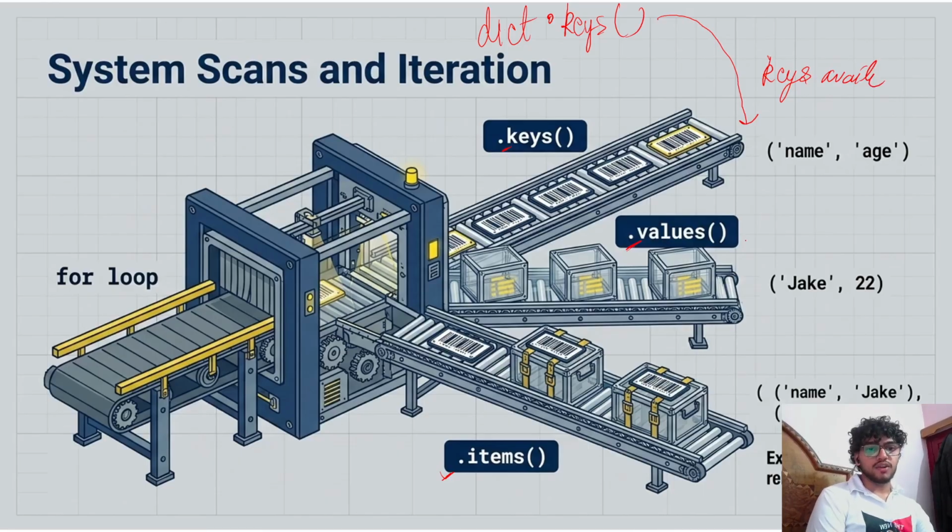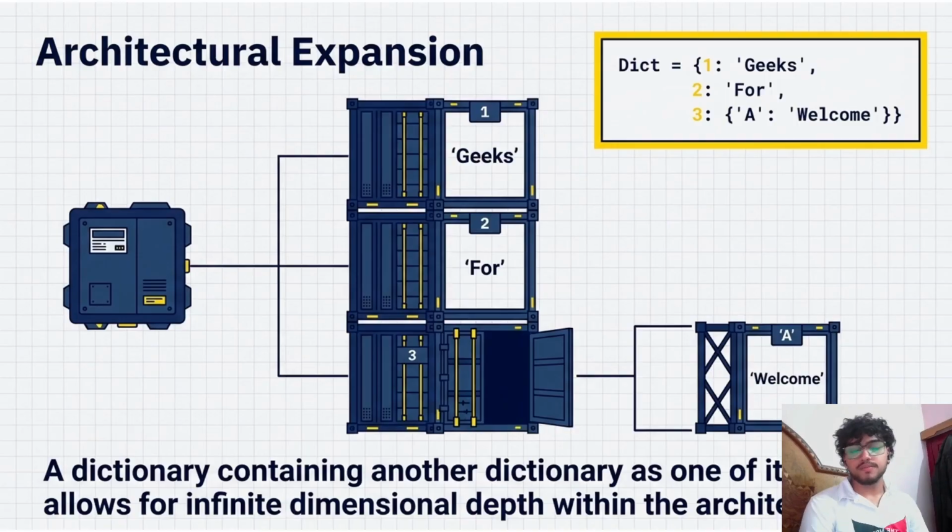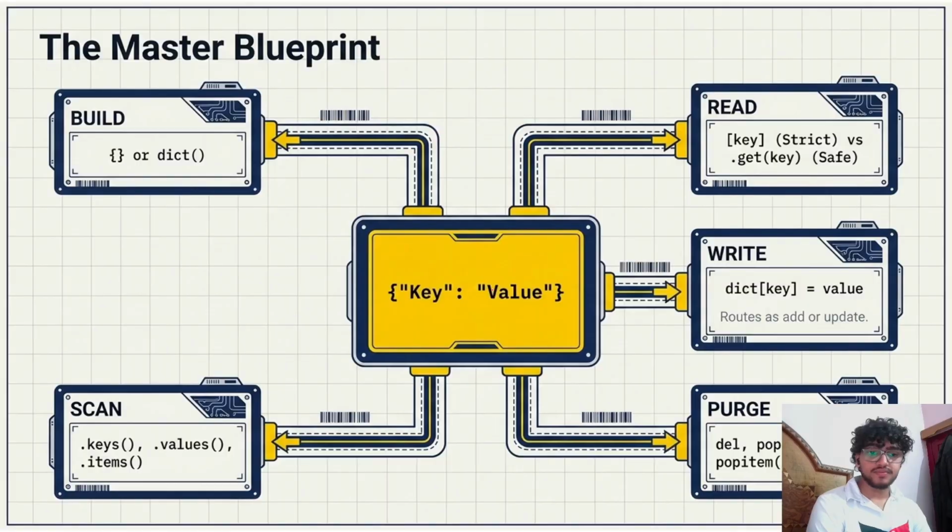If we write dot values, it will give all the values, and if we write dot items, it will give the exact paired relationships, as tuples, from the dictionary. Now architectural expansion: a dictionary containing another dictionary as one of the values allows for infinite dimensional depth within the architecture. So there are keys and values, and we learned how to build it, read it, write it, purge it, and scan it.